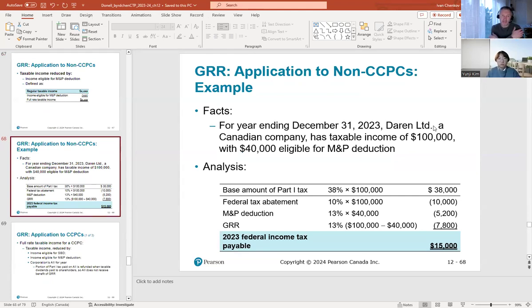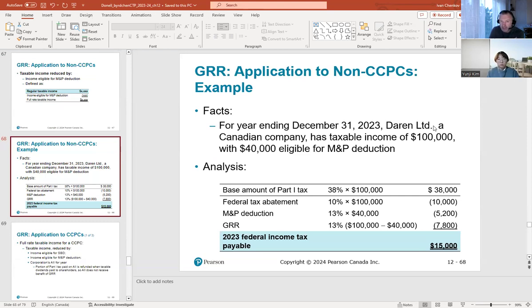What will that be? The year ending December 31st, this Canadian-controlled company has taxable income of $100,000, with 40,000 eligible for manufacturing and processing.